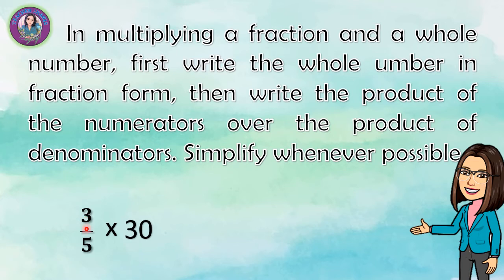It's like 3/5 of 30 or 3/5 times 30. Since we are multiplying a fraction by a whole number, we will rename first or change the whole number to a fraction form, and that is 3/5 times 30 over 1.